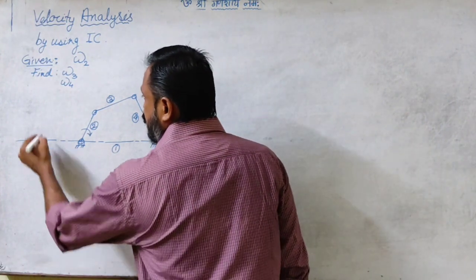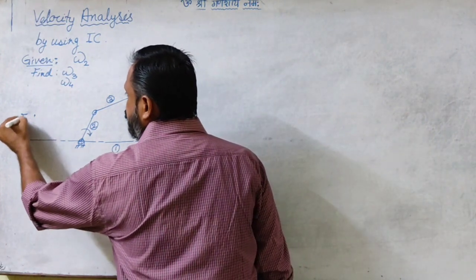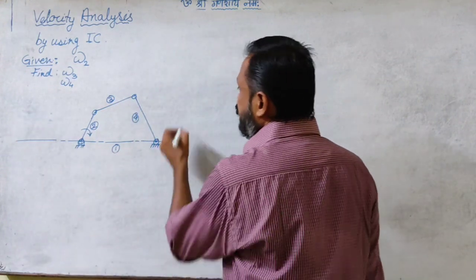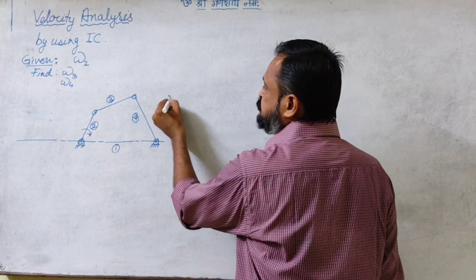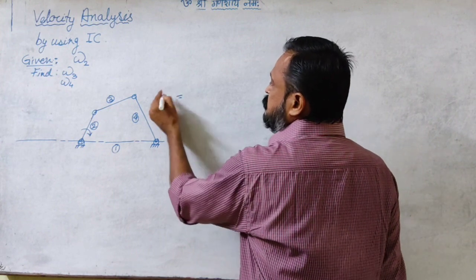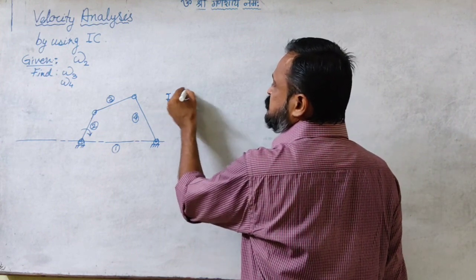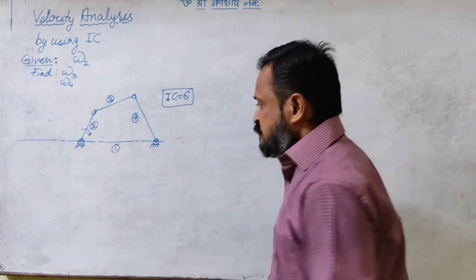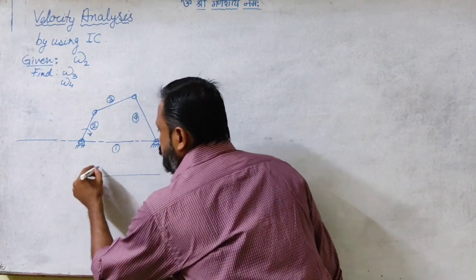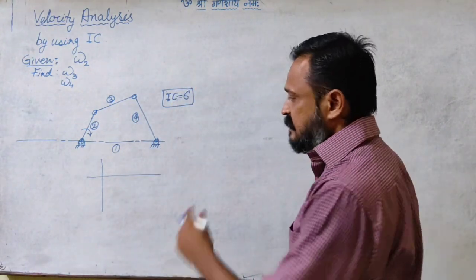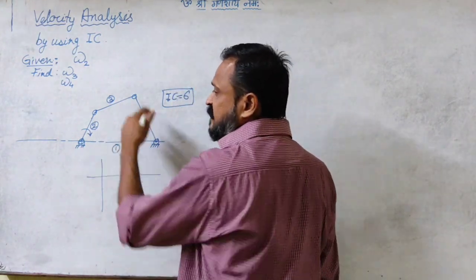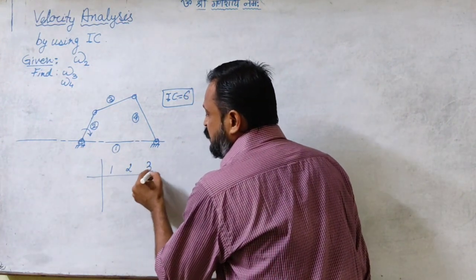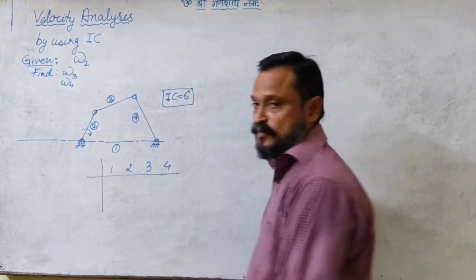So we have seen that the number of instantaneous centers is coming out to be 6. Now to locate those, we can do a very simple exercise. The number of links is 4, so I'll just write 1, 2, 3 and 4.